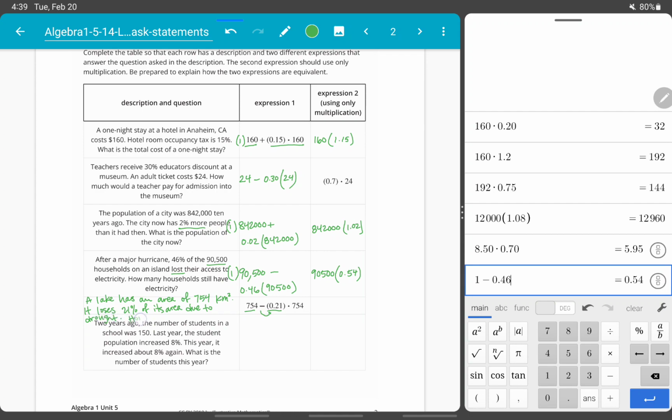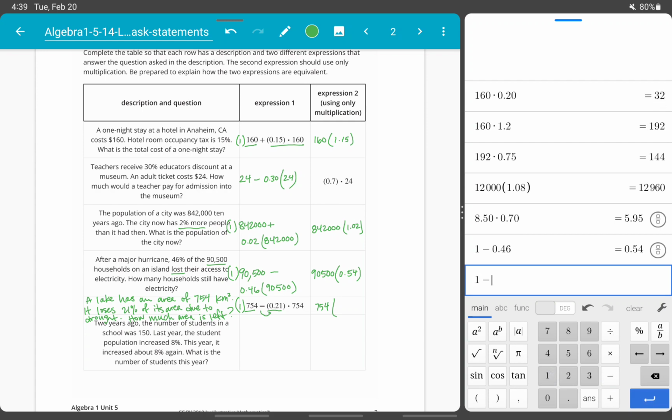How much area is left? Okay, it's a little tight squeeze in there, but we got it. Now, just like in the earlier ones, there's an invisible 1 there, which we can factor out. So we can have 754 on the outside, and then 1 minus 0.21 gives us 0.79.